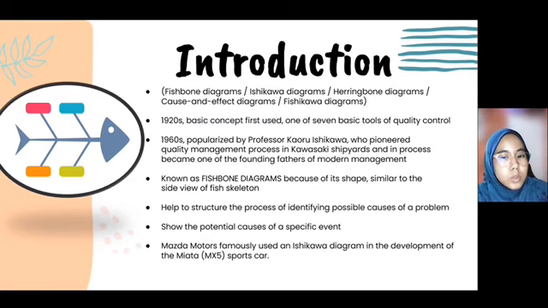One of the companies that uses the fishbone diagram is Mazda Motors. Mazda Motors famously used an Ishikawa diagram, the other name for the fishbone diagram, in the development of the Miata MX-5 sports car. I think that's all from me for the introduction.